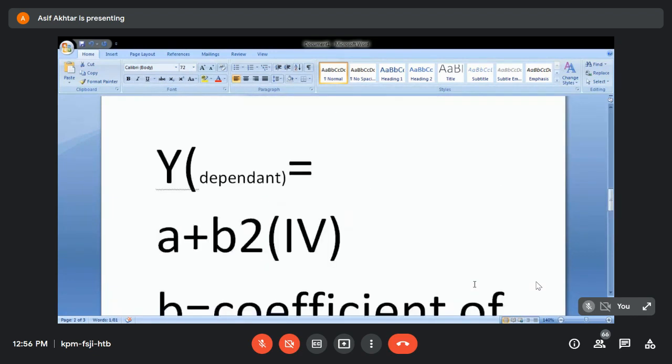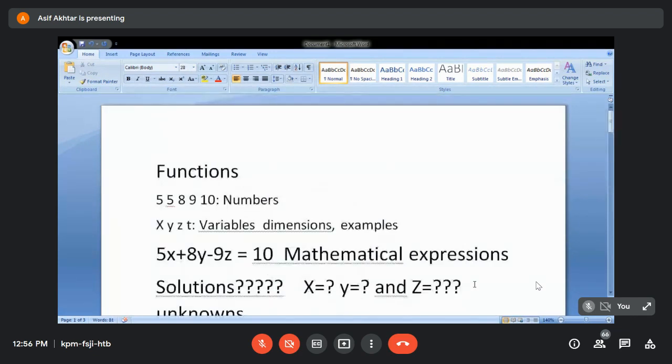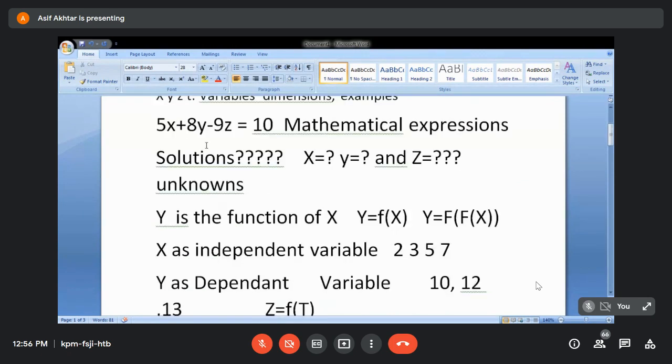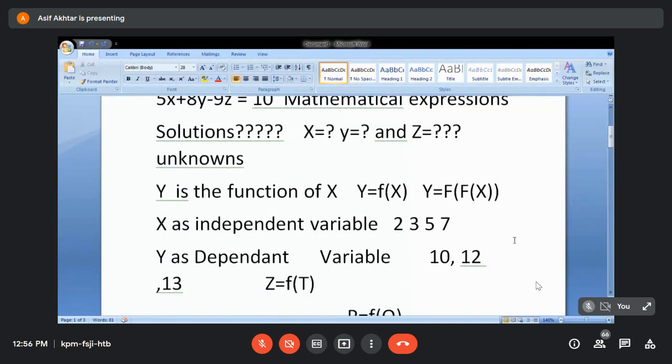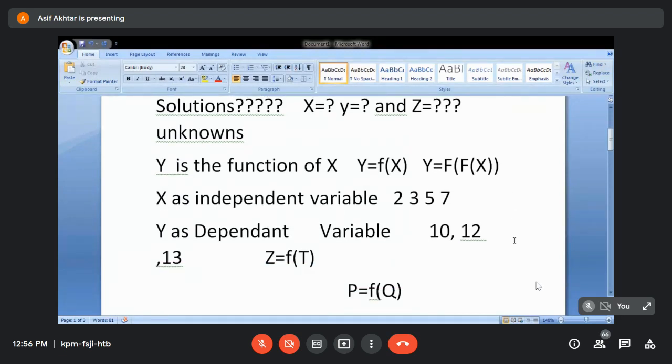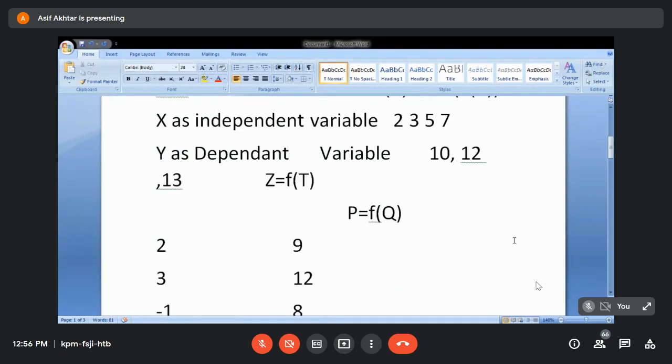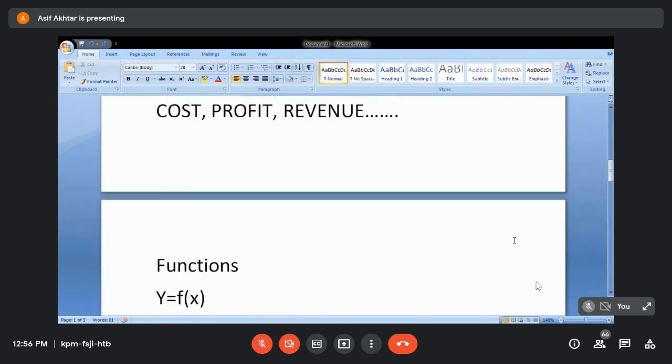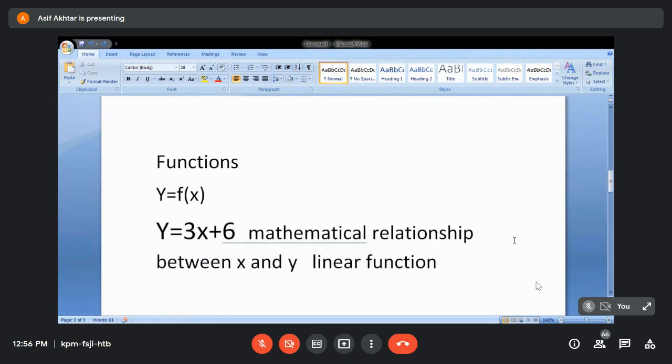A quick summary: I started my discussion with the objective of converting real life problems into mathematical expressions. Later we progressed to functions, which are another way of writing the same thing, with the popular form y = f(x).